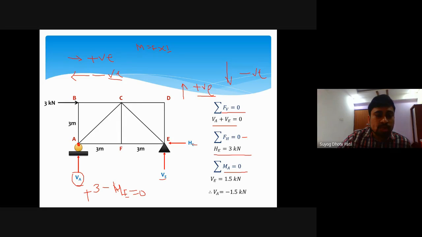If I consider this reaction VA, then VA into what? VA into perpendicular distance. The perpendicular distance is not present, it is 0. So ultimately this moment will be 0.